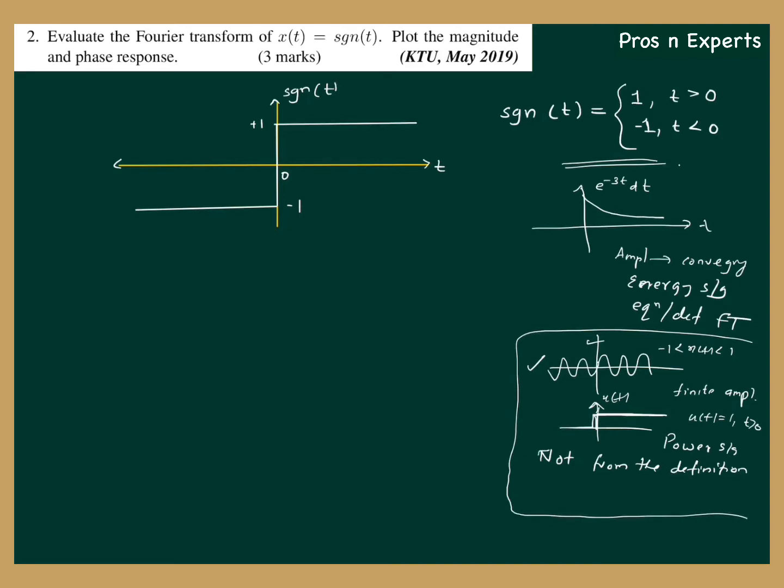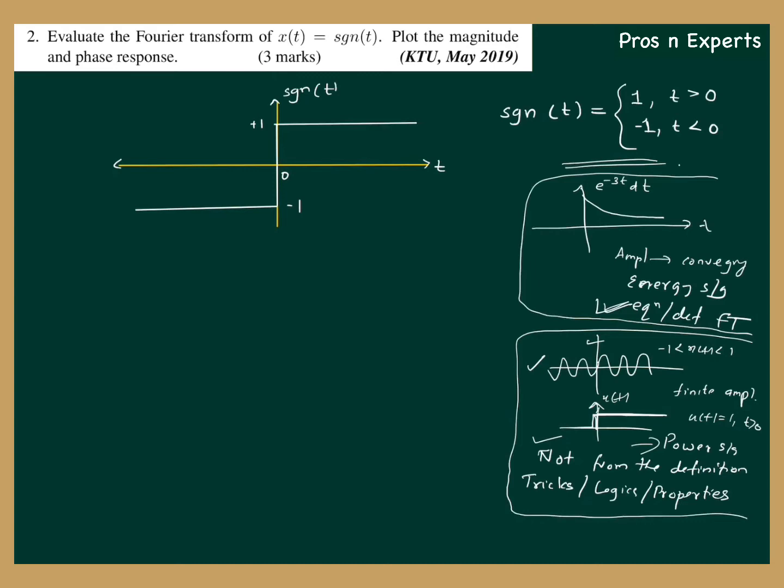To calculate the Fourier transform for these power signals, we have to make use of some tricks or some properties. We can never use the equation or the definition of the Fourier transform for these kinds of signals. But for the earlier kind of signals, it is very simple and straightforward. You can use the definition of the Fourier transform.